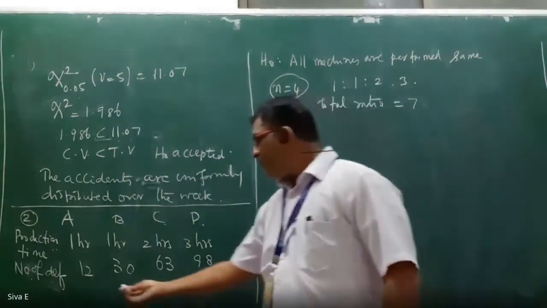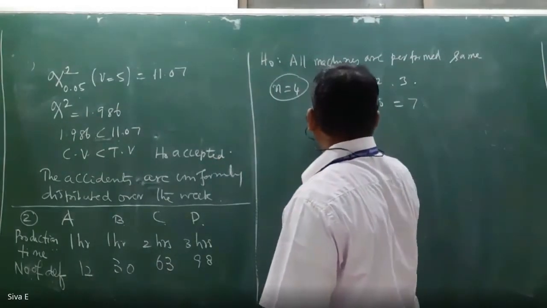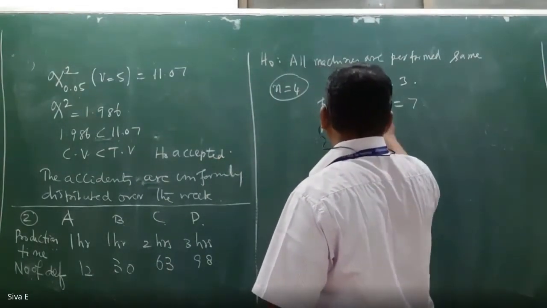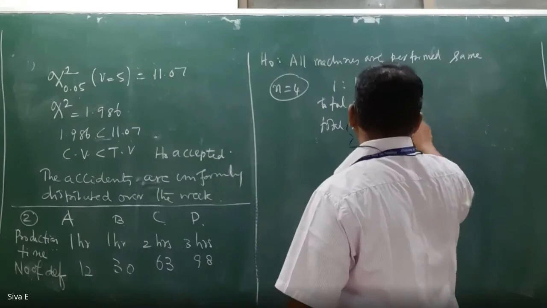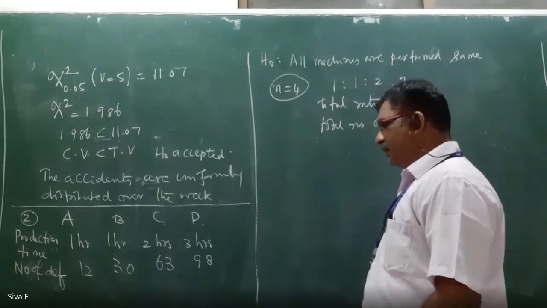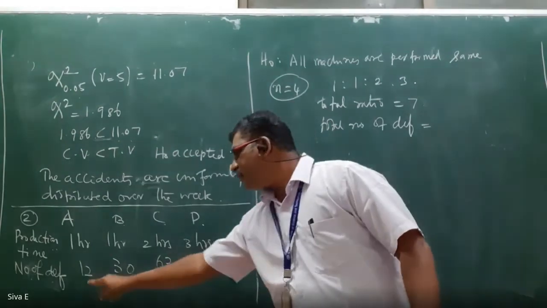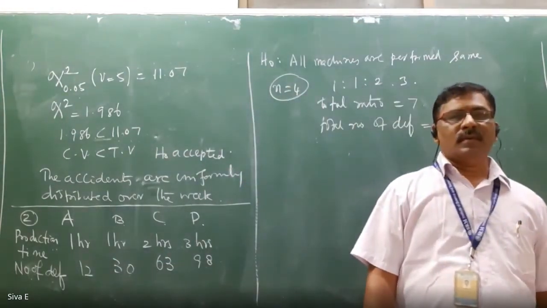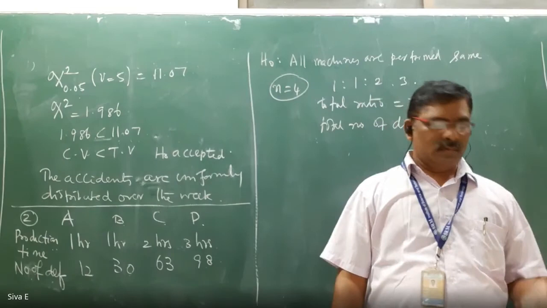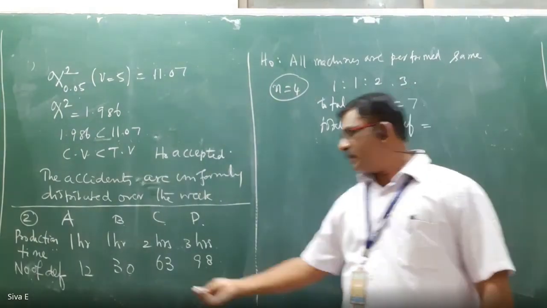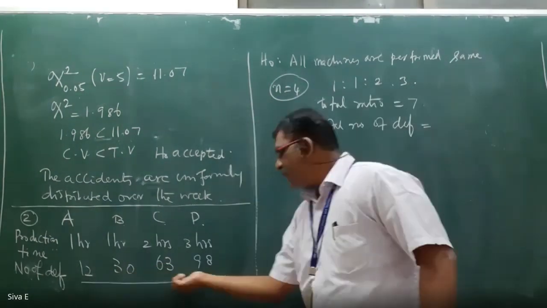Total number of defectives: add 98 plus 63 plus 30 plus 12, adding the observed frequencies.